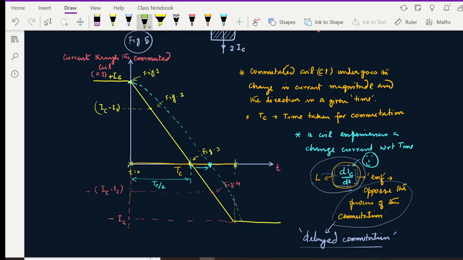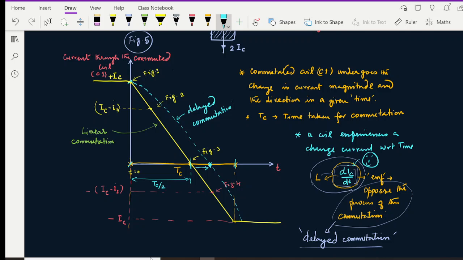Instead of saying ideal commutation, the textbook says that this is a linear commutation, and this is marked as delayed commutation. I have explained the reason for why there is a delay.